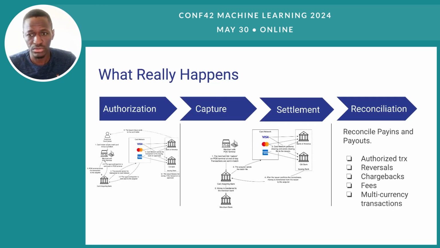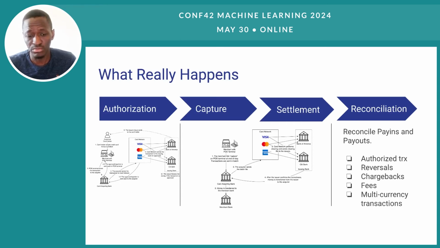Which brings me to the point where, after authorization is done, every merchant actually has a limited amount of time to send the capture request. Otherwise, that transaction would be reversed or cancelled, and the money will be refunded to the customer.